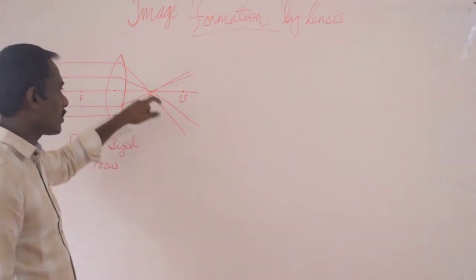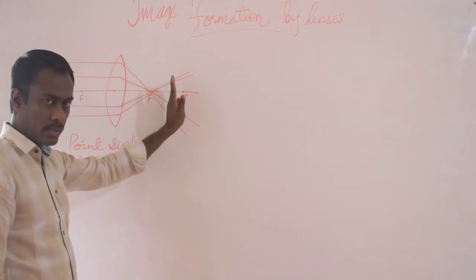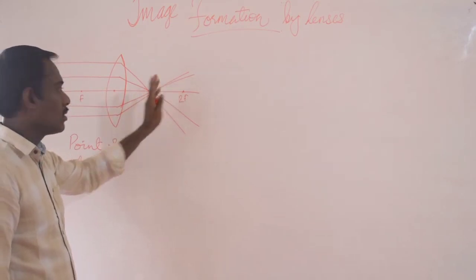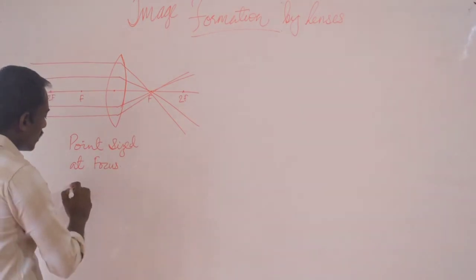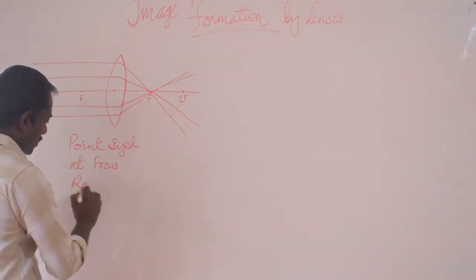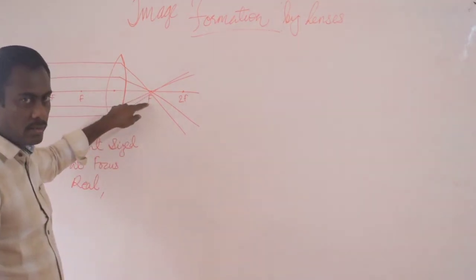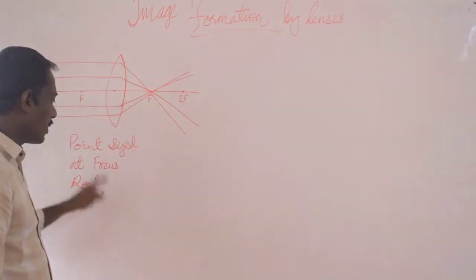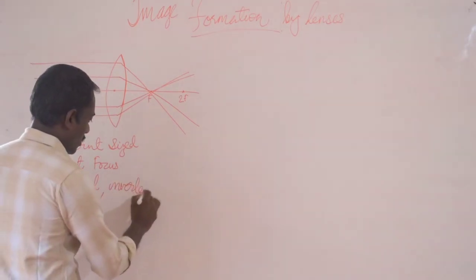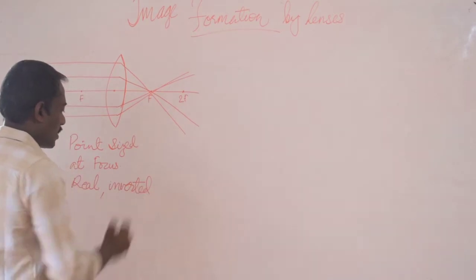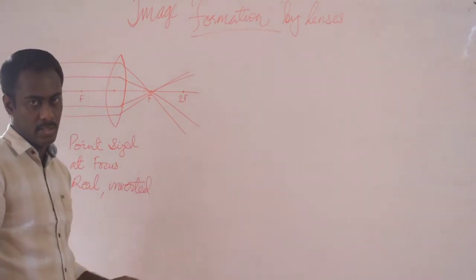And what is its nature? Since the image is formed on the other side of the lens, the image will be real. It's a real image. And a real image will always be inverted in nature.